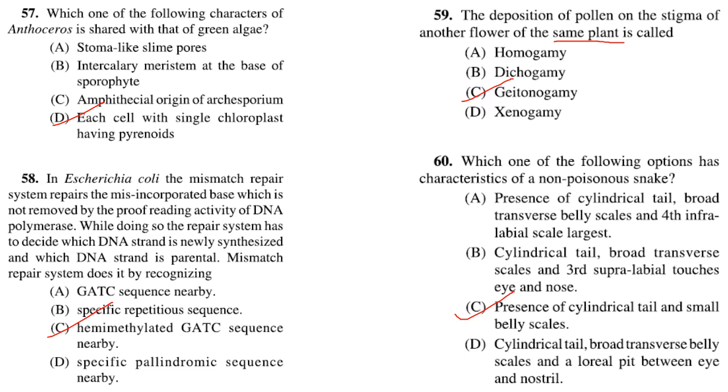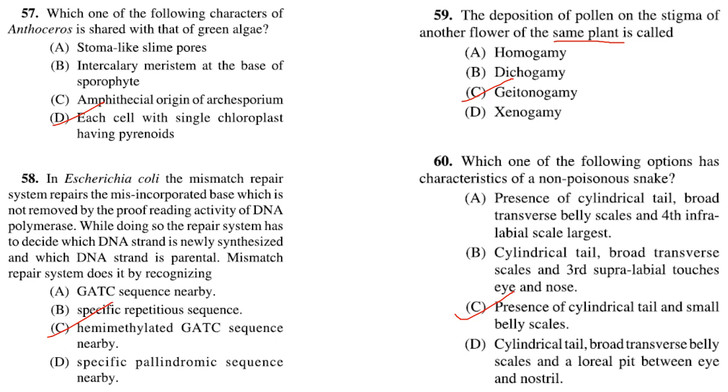The next one. In Escherichia coli, the mismatch repair system repairs the misincorporated base which is not removed by the proofreading activity of DNA polymerase. While doing so, the repair system has to decide which DNA strand is newly synthesized and which DNA strand is parental.